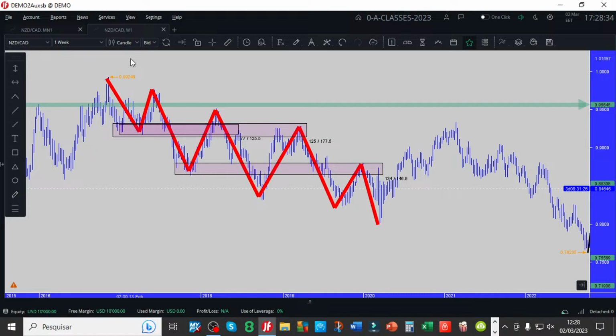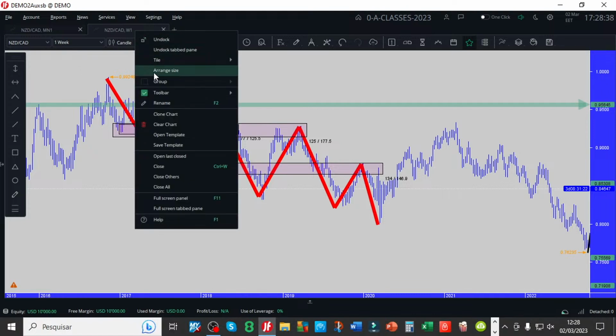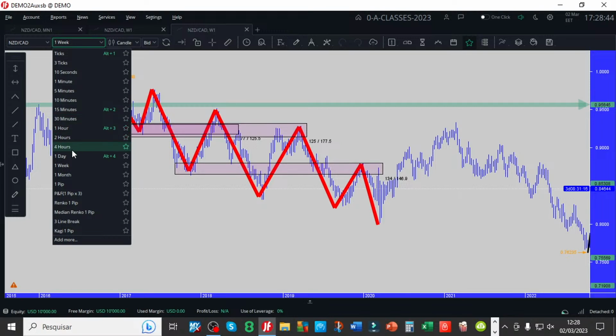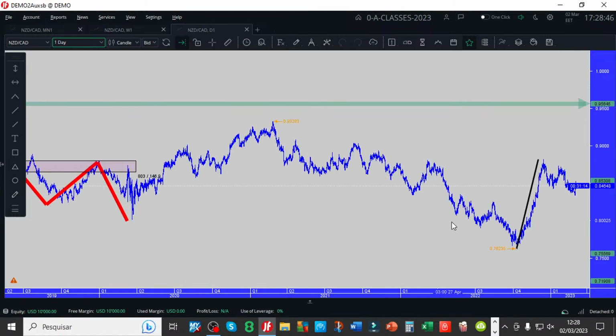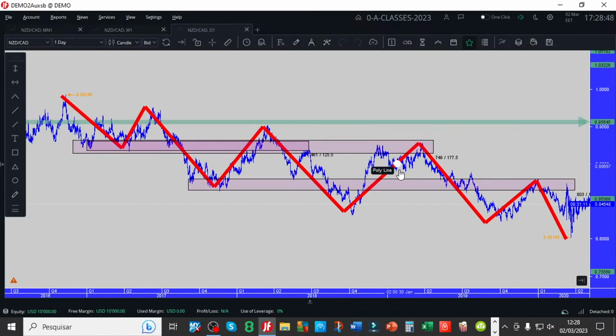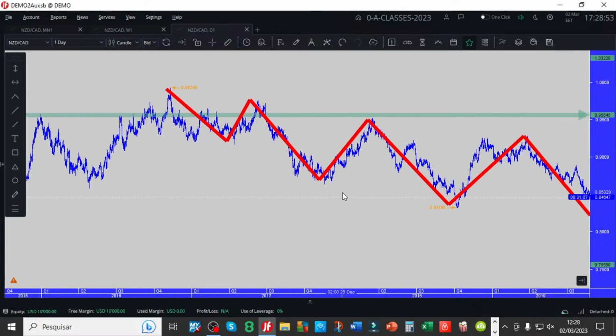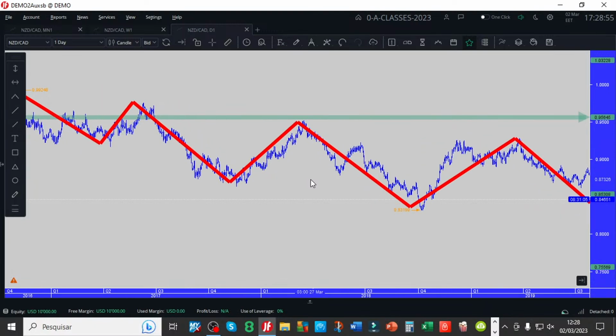Now, can you see it, everybody? And if we clone chart and go on the daily, NZD CAD daily chart, we are seeing extensions, retracements, extensions, right?